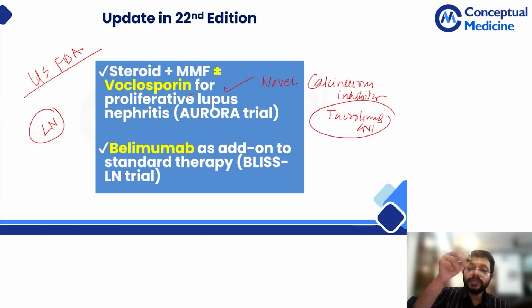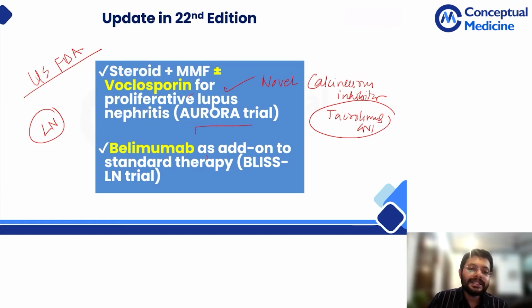But here you have a new drug which is supposed to be safer than tacrolimus and as efficacious as tacrolimus. It was studied in a trial called the Aurora Trial. So that's another MCQ point for you. We won't go into the details, but the Aurora Trial examined the efficacy and safety of Voclosporin.